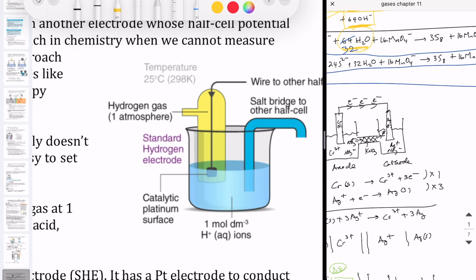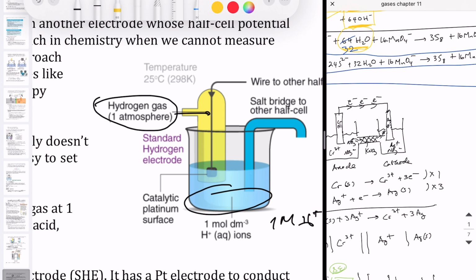You have an acid solution in here at 1 molar H plus, and then you have hydrogen gas in here in equilibrium with the acid, and that one has a pressure of 1 atm. Since both hydrogen gas and acid are not solid, they can't conduct electrons, so we need an inactive electrode in this case, so we choose platinum as the inactive electrode, okay?